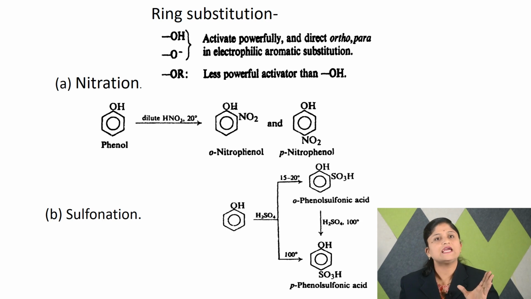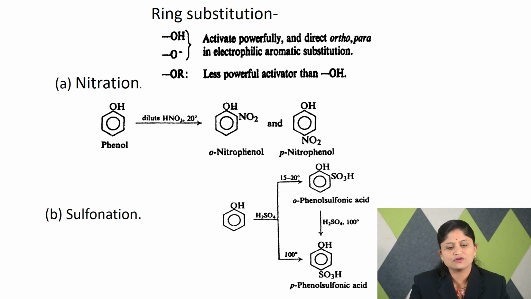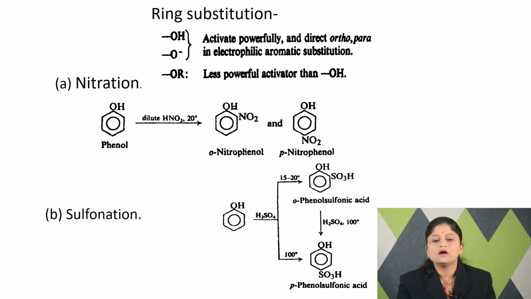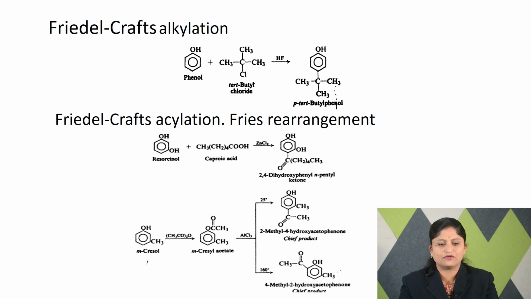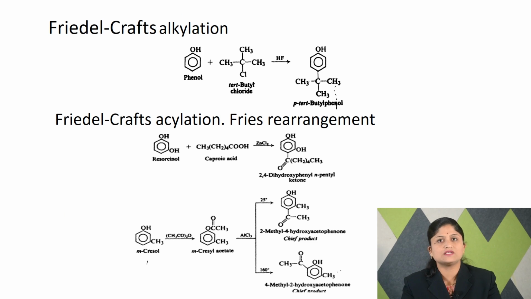So nitration produces ortho-nitrophenol, and the sulfonation reaction is going to produce ortho-phenol sulfonic acid or para-phenol sulfonic acid. Through Friedel-Crafts alkylation reactions, the alkyl group is substituted at the para position of the phenol nucleus.